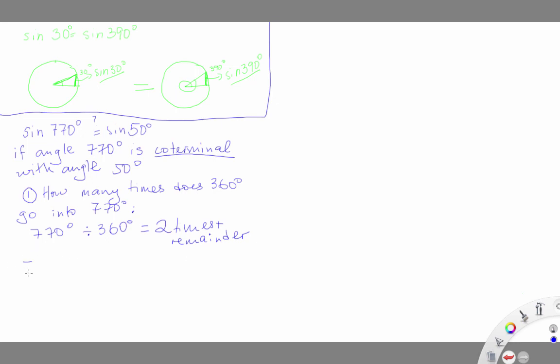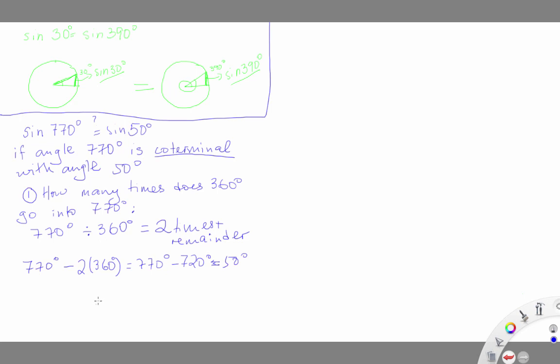So what we're going to do now, we're going to take 770 degrees and subtract those 2 times we go around the circle. So we're going to do 770 minus 2 times 360 degrees. And we end up with 770 degrees minus 720 degrees, which is equal to 50 degrees.